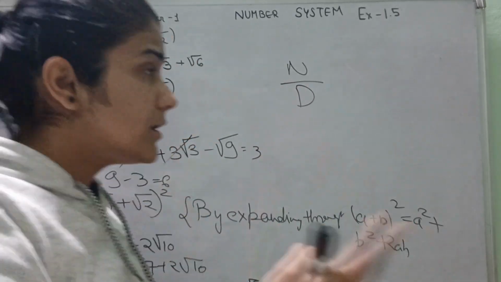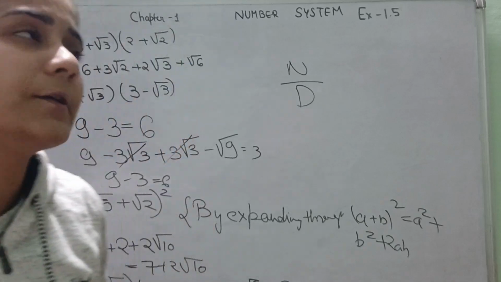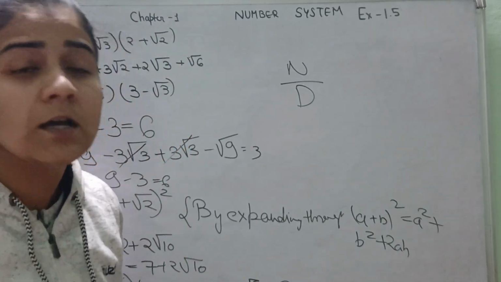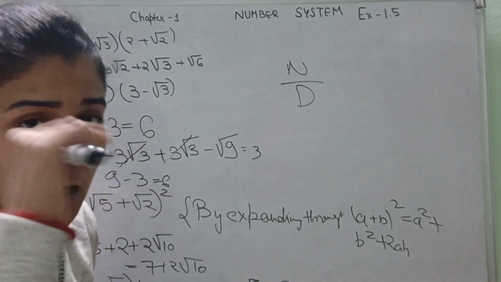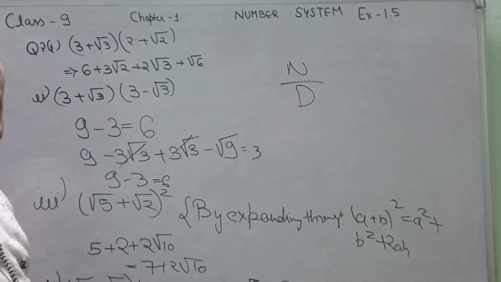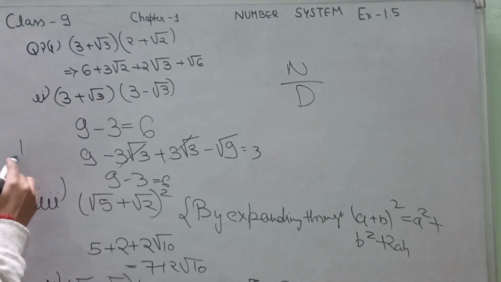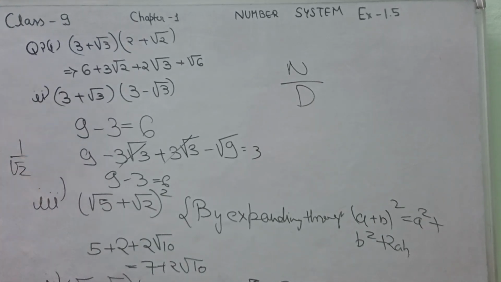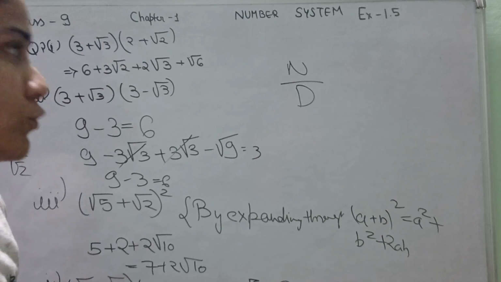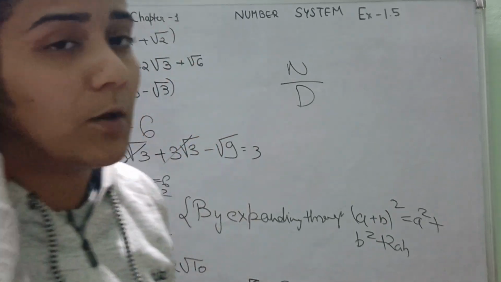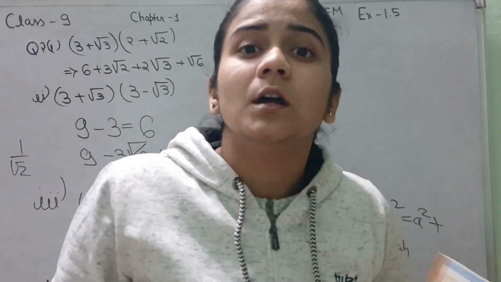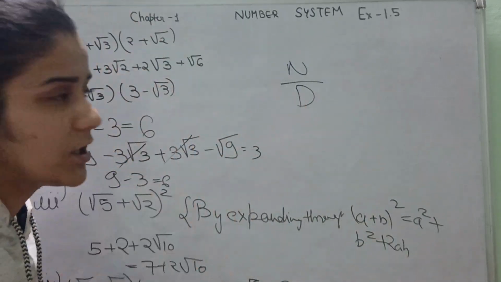Also, there is another rule which states that there will never be a root in the denominator. Like we have written 1 upon root 2, this can never exist according to fraction rules. So to counter this problem, we have come across a new term, which is rationalize.